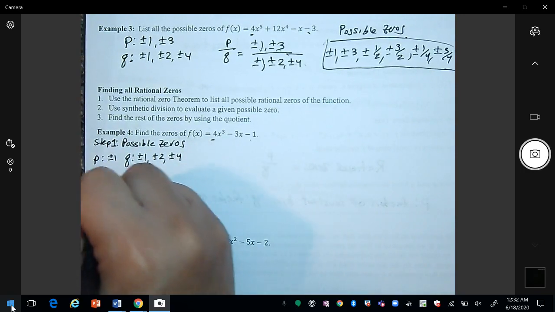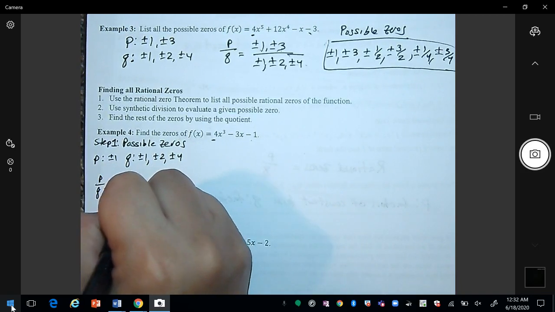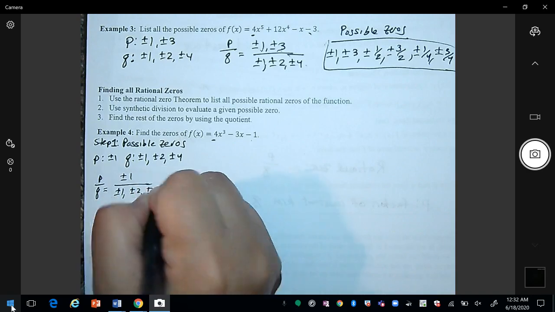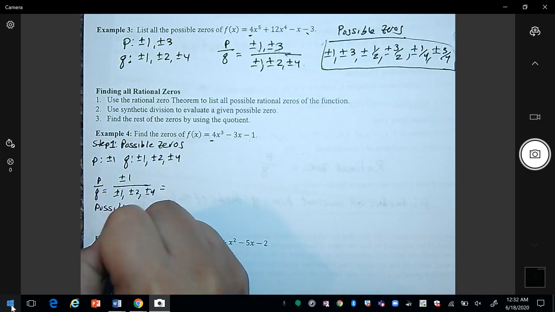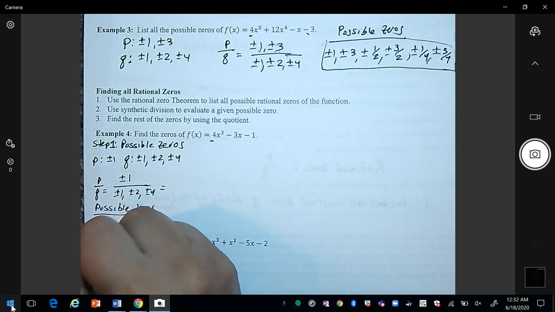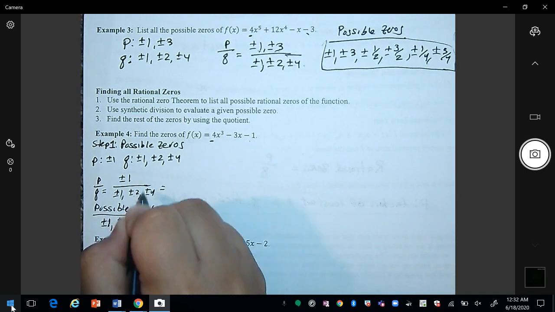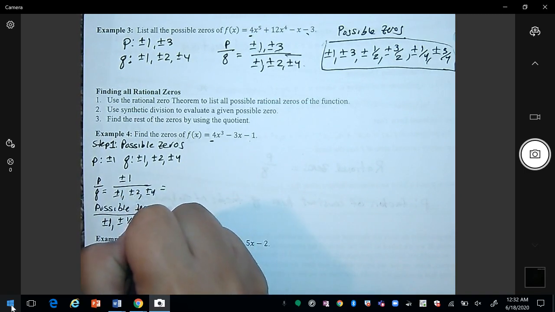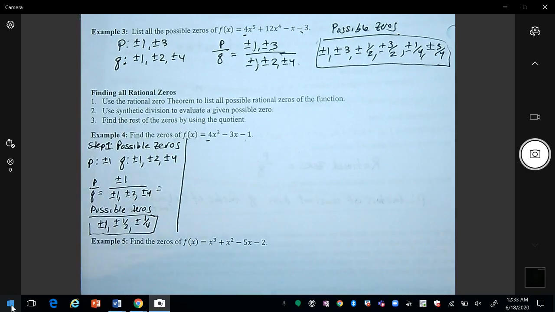Divide P by Q. So we get that our possible zeros are plus or minus 1 divided by 1, 1 divided by 2, and 1 divided by 4. And so that's step 1.